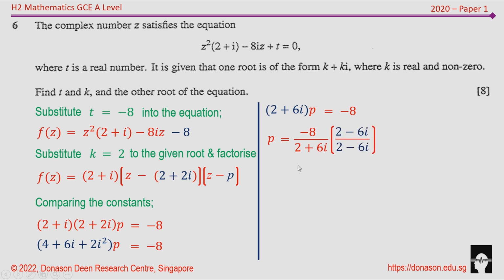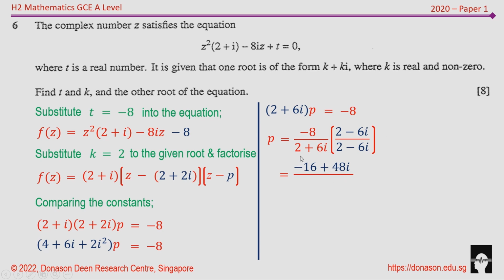And of course, in order to convert it into a complex number, we have to rationalize it by multiplying the numerator and denominator of p by the conjugate of the denominator, which in this case is 2 plus 6i. Its conjugate would be 2 minus 6i. So let's expand the numerator. Negative 8 times 2 is going to become negative 16. Negative negative is going to become positive, 8 times 6i is 48i.